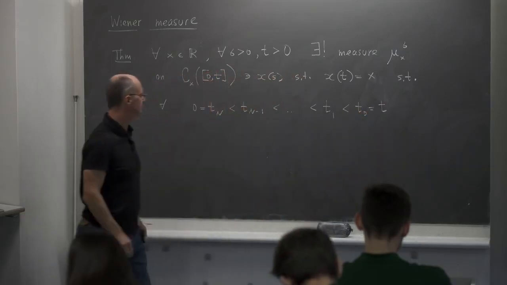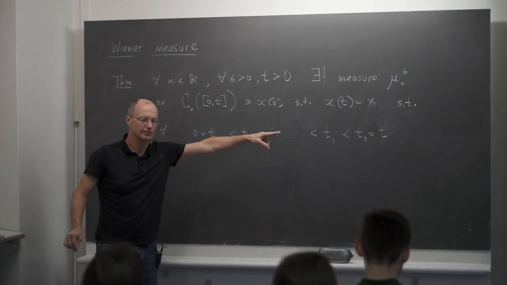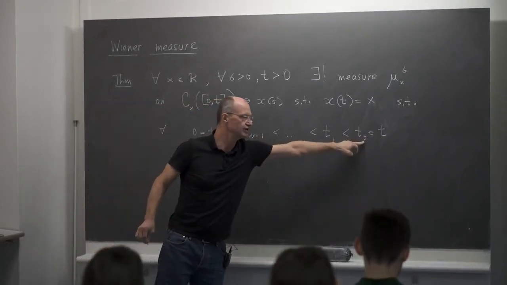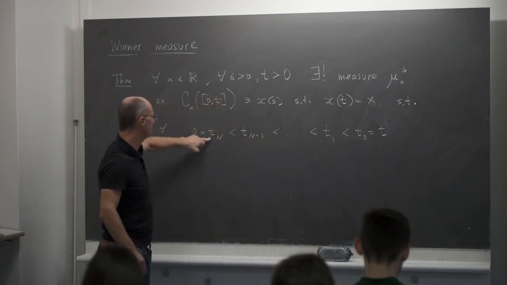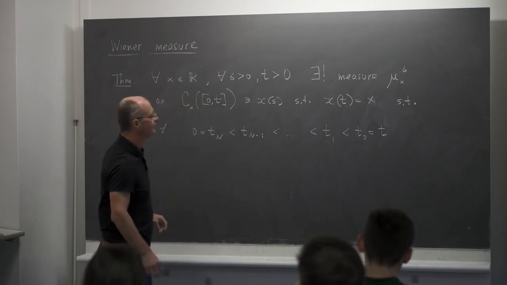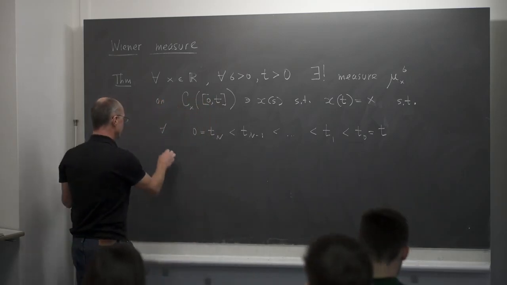You see, it's strange. I have to order it the other way. So t_0 is the biggest one and t_n is the smallest one. So I consider some partition of my interval.